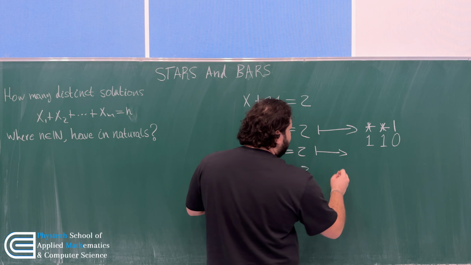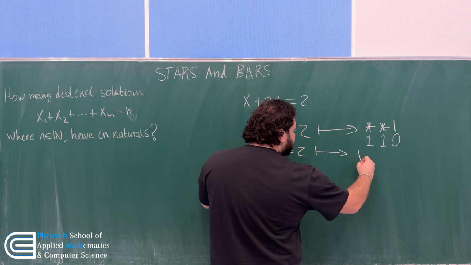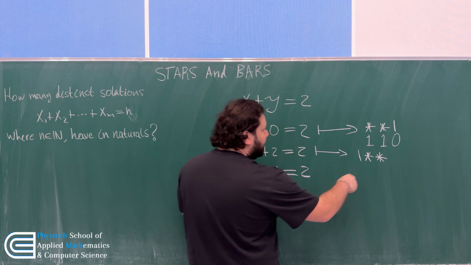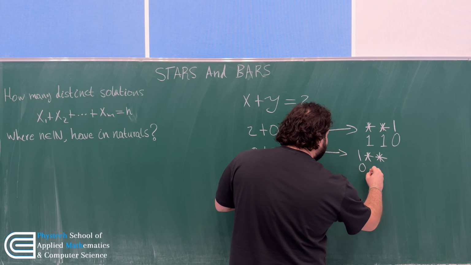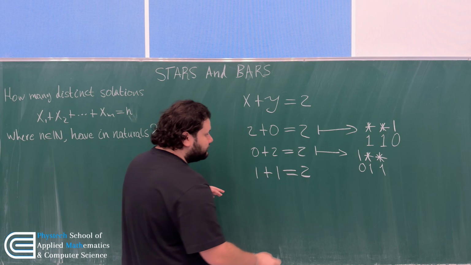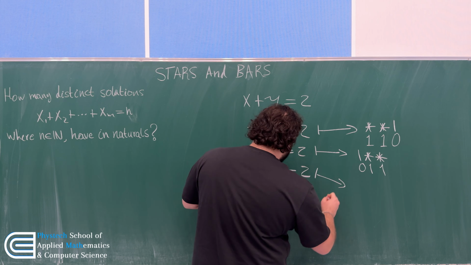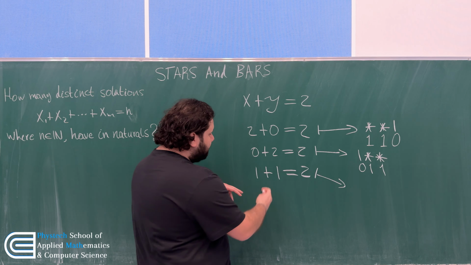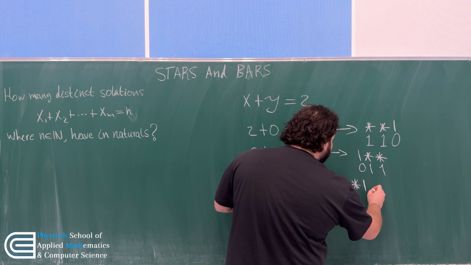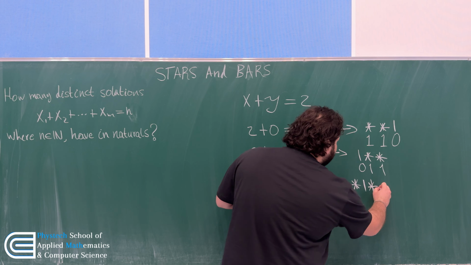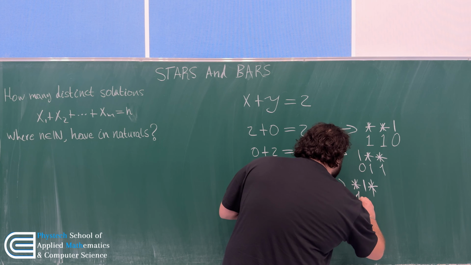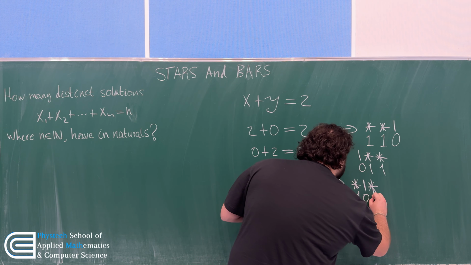For this solution, we are going to have a bar and two stars, and in binary word, it's going to be 0, 1, 1. For the last one, we will have a star, a bar, and another star. Using a binary word, it's going to be 1, 0, 1.